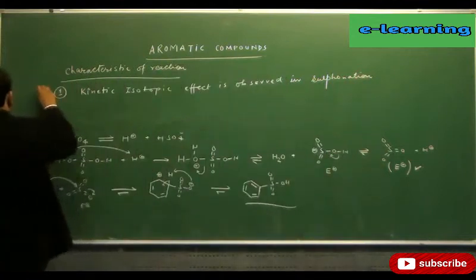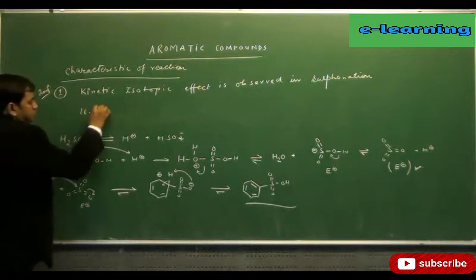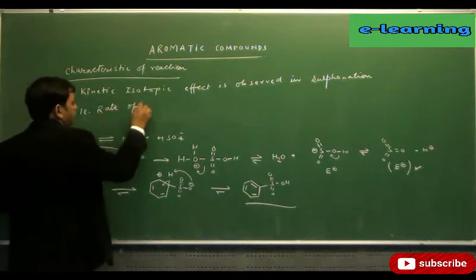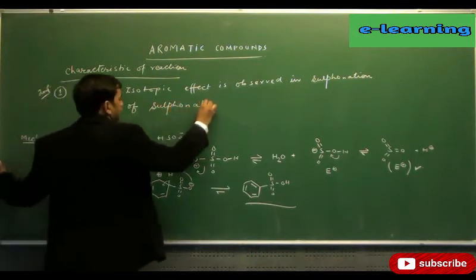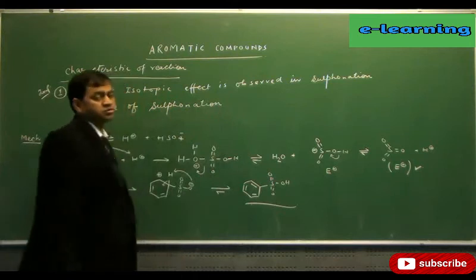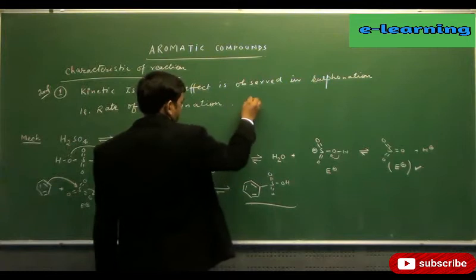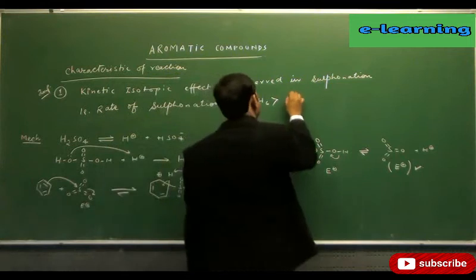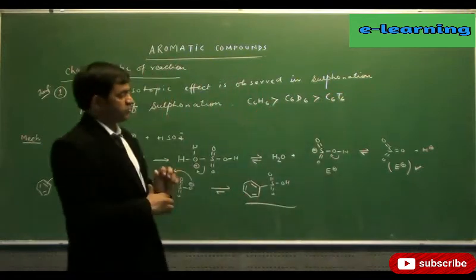It's an important property, that is, the rate of sulfonation of C6H6 is greater than C6D6, than C6T6. If D is taken in place of H, the rate of reaction decreases.